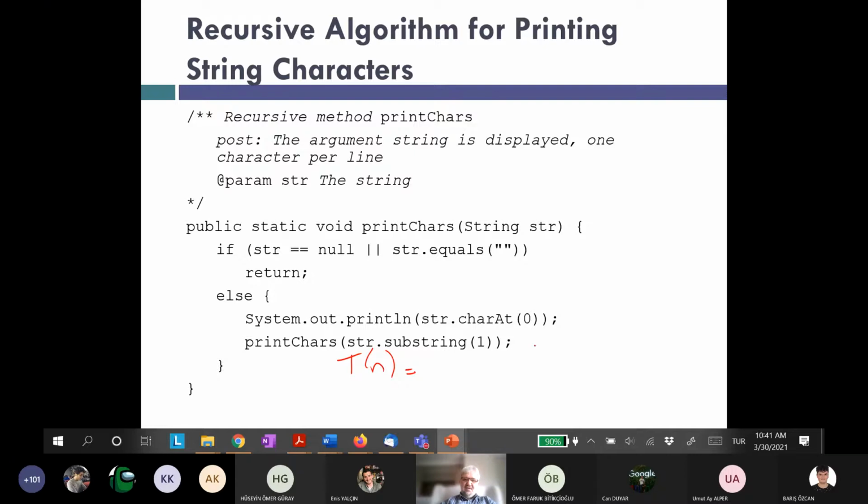Of course, we make a recursive call here, which will take T(n-1) time to print out n minus 1 elements in this substring, plus forming this substring will take linear time, and printing a character is constant time. Checking whether the string is empty or not is constant time, etc. So we will have another Theta(n) time to perform these operations.